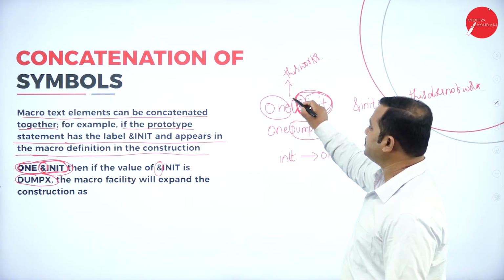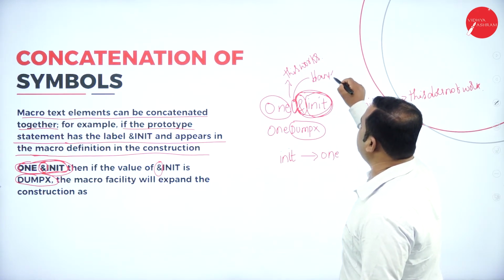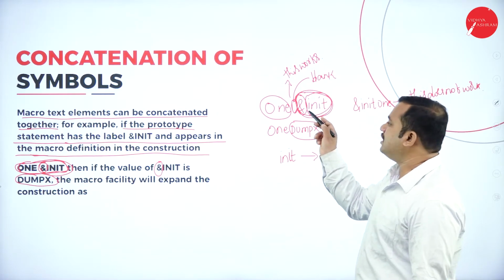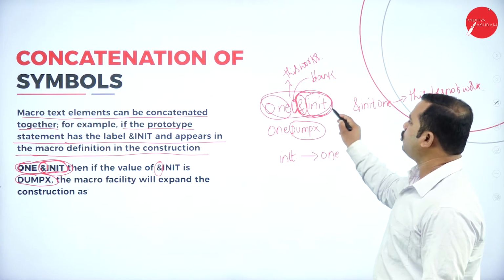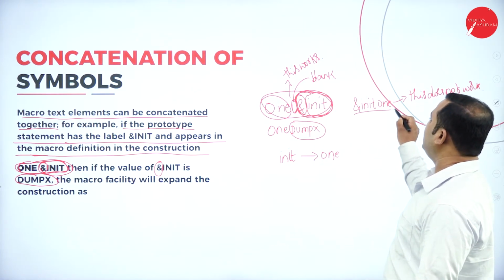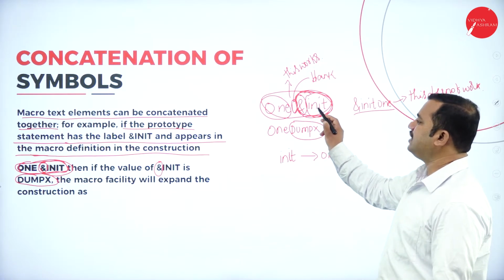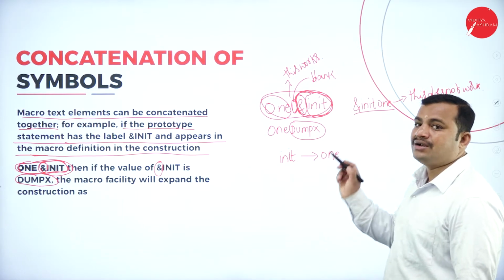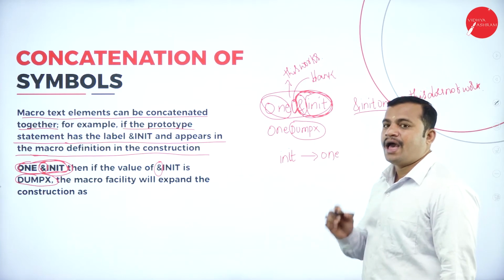In order to avoid the delimiter, if I reverse the prototype from 1 space &init to &init 1, that leads to a problem because it is not identified accurately.